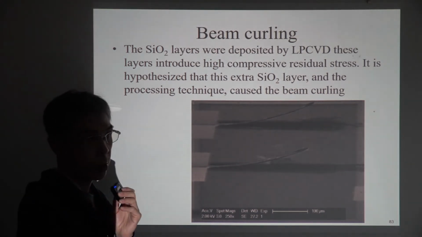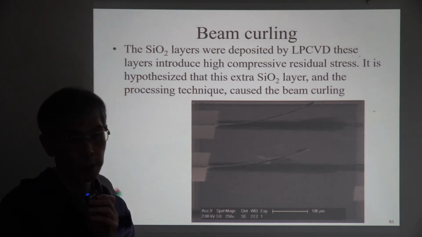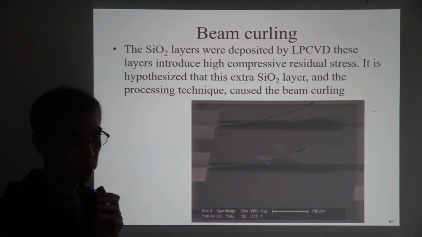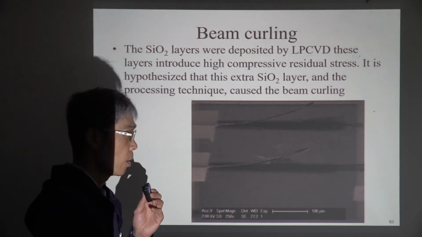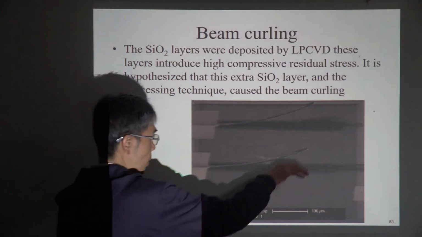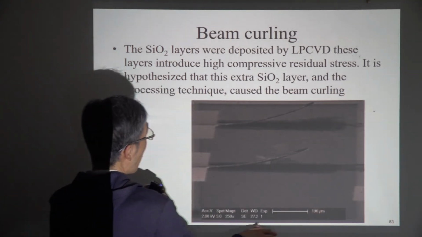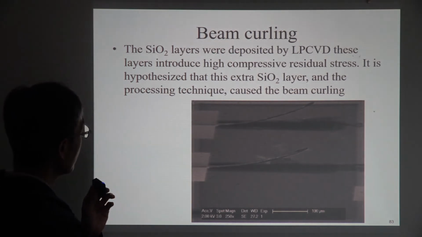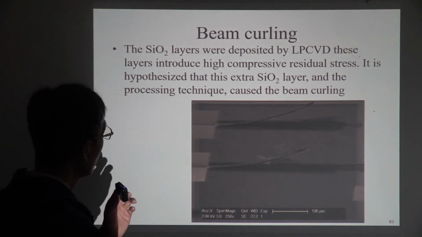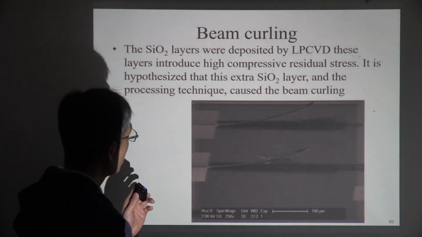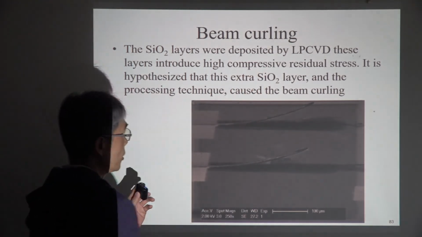The tension stress will balance the residual compressive stress. Then because of this bending, the silicon dioxide has the compressive residual stress.